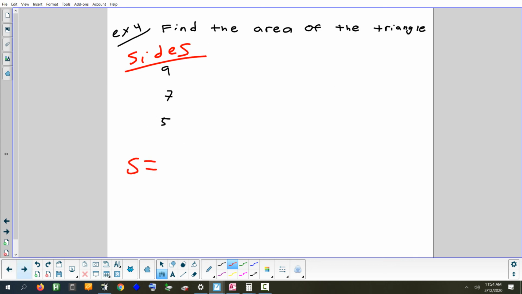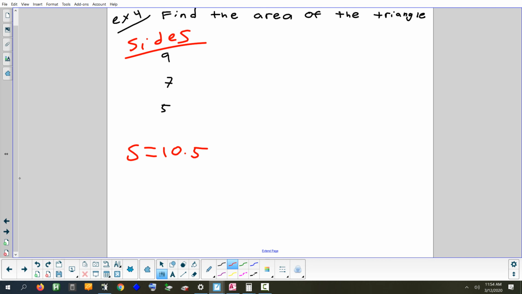So let's start with S. What's the perimeter if you add up all those sides? Okay, 21, and then take half of it is 10.5. So now, let's find the area.